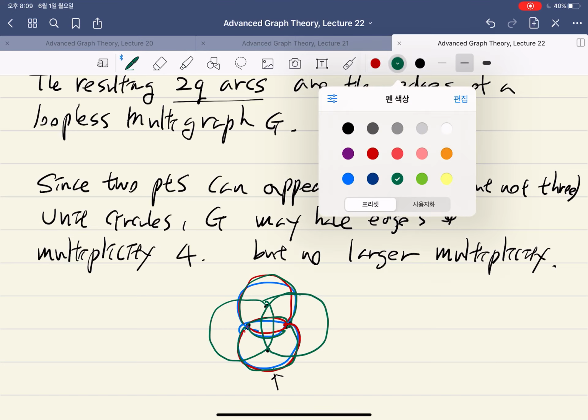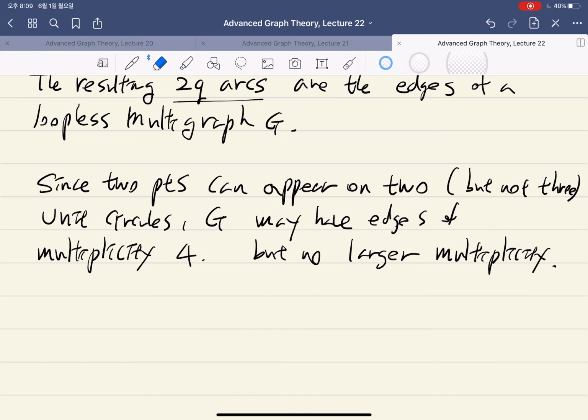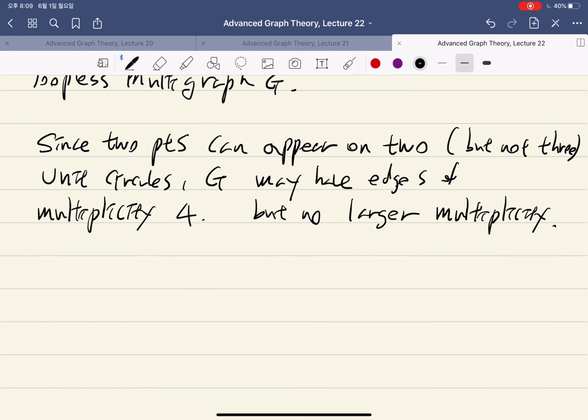There could be this and here, so that we cannot really move. Okay, yeah, let's say 4. So, for no larger multiplicity.